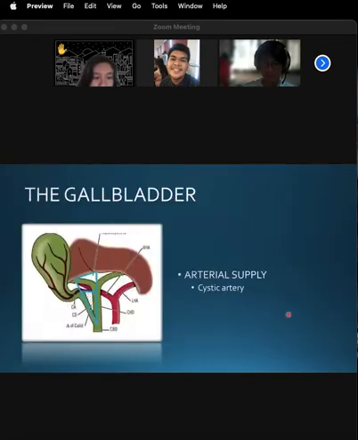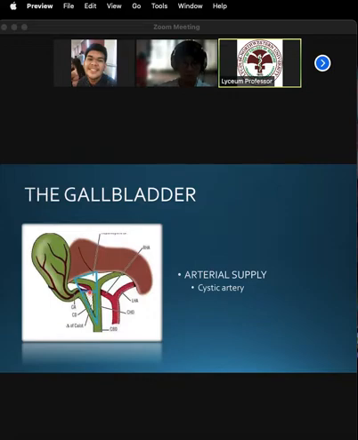As to the blood supply, the gallbladder is supplied by the cystic artery, which comes off from the right hepatic artery in about 90% of patients. Theoretically, the gallbladder is found in the triangle of Calot.